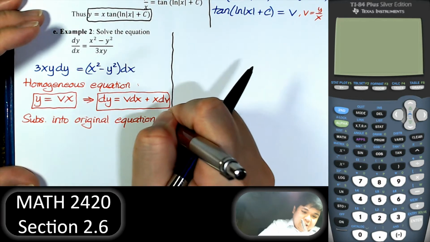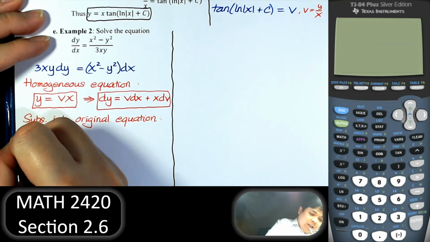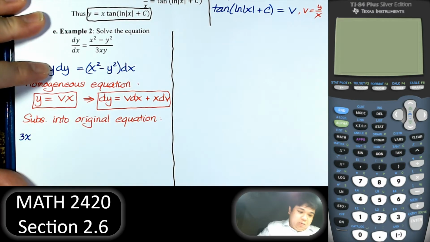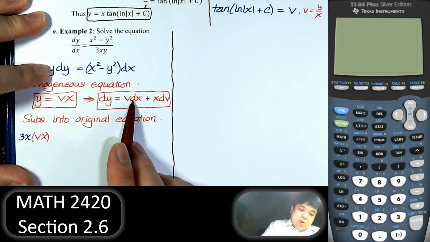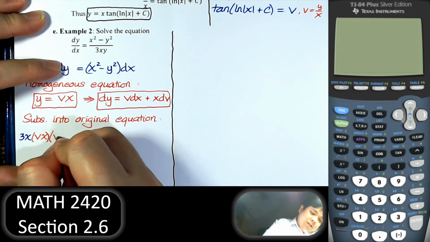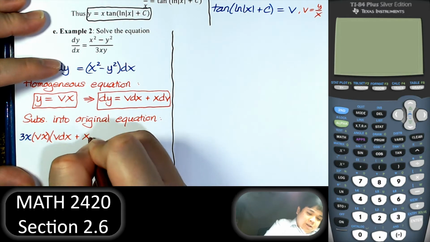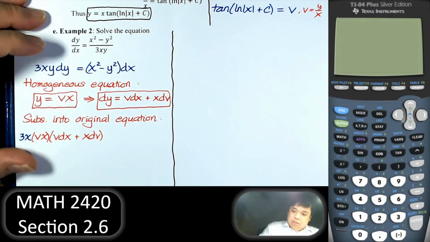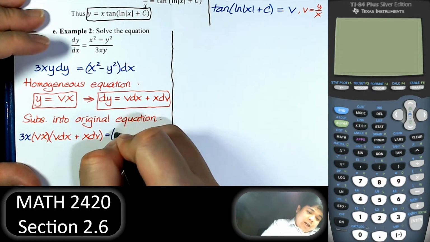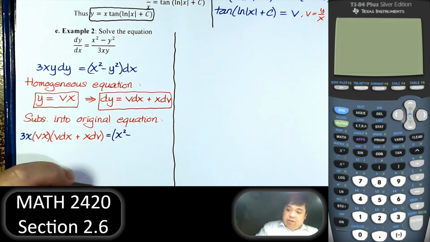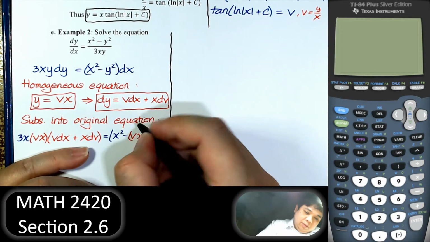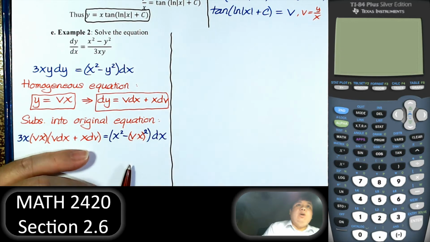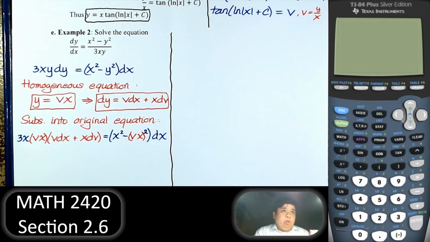Now substitute 3xy: y is going to be vx, dy is going to be this, and x squared minus y squared is x squared minus v squared x squared. So substitute into y and into dy.